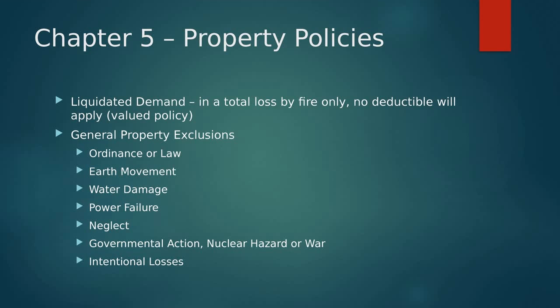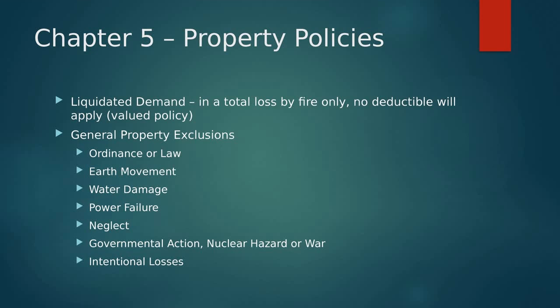Nuclear hazards are too large of an exposure, as are wars, insurrections, rebellions, and revolutions. Damages due to those causes will be excluded from personal property policies, as well as commercial property policies. And of course, intentional losses. So no policies out there will cover intentional losses.